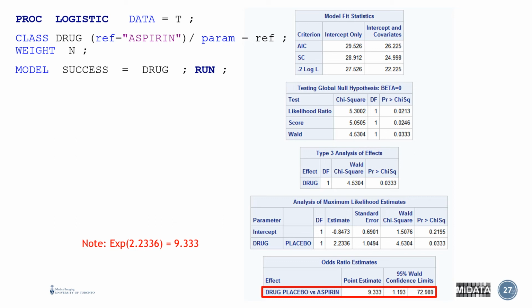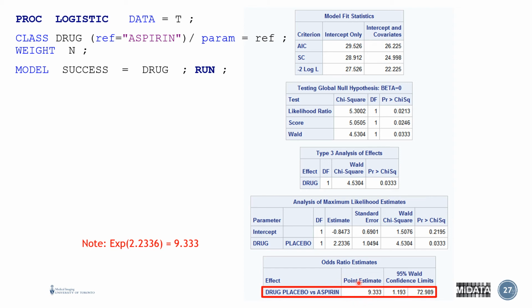And if you would prefer to have another group as your reference, you need to specify this. So I've done this here in this example. You remember in the previous slide, the point estimate for our odds ratio for group was less than 1. It was 0.1 something, when we were using placebo as the reference. So what I've done here in the class statement for the group variable is specify that I would like aspirin, so the drug, to be our reference. And you'll see down here in the odds ratio estimates that the point estimate is now greater than 1.